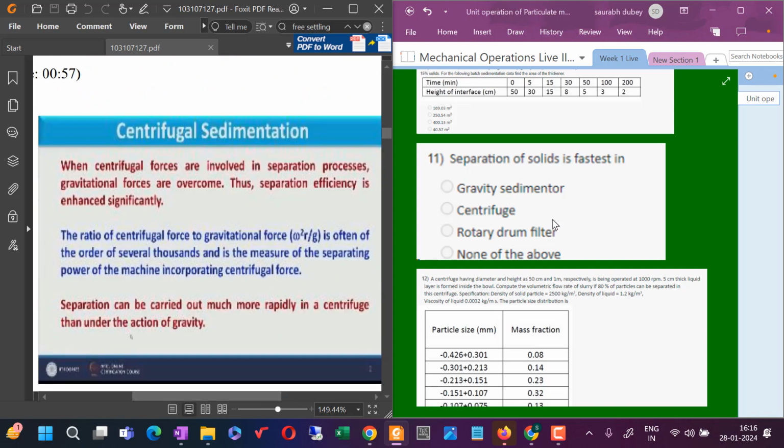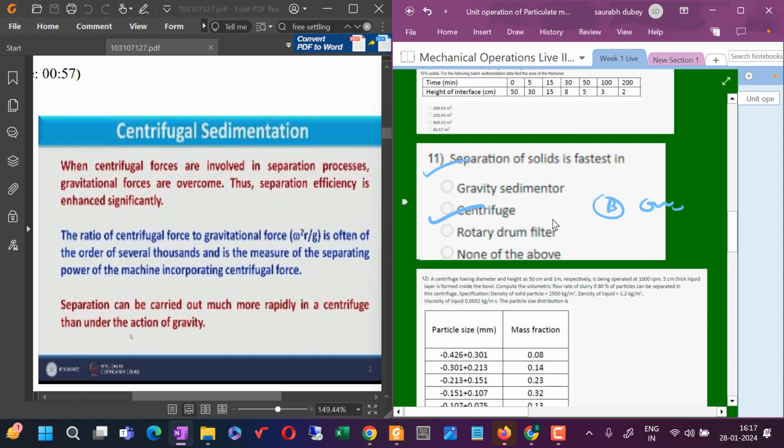When centrifugal force is involved in the separation process, gravitational forces are overcome. Thus, the separation efficiency is enhanced significantly. Here the ratio of the centrifugal to the gravitational force is very high. Very high means that the separation power of the machine incorporating centrifugal force will be very high, and the separation can be carried out much more rapidly than under the action of gravity. So option B is the correct answer.